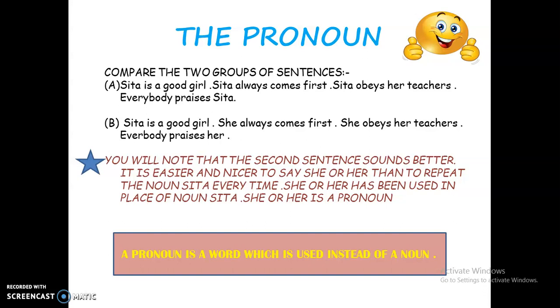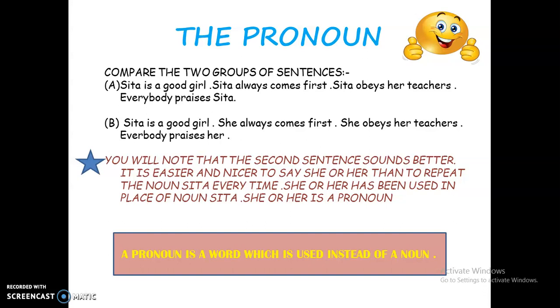Pronouns are the words which are used instead of nouns so that the nouns are not repeated again and again while referring to some person, place, thing, etc. Now you would have noticed that in sentence B we said Sita once, but then in the other three sentences we referred to Sita as she.